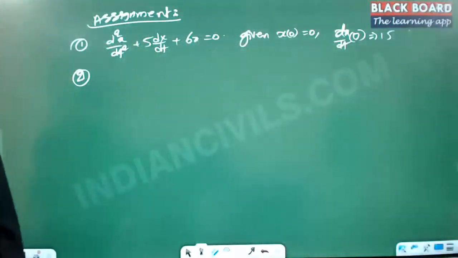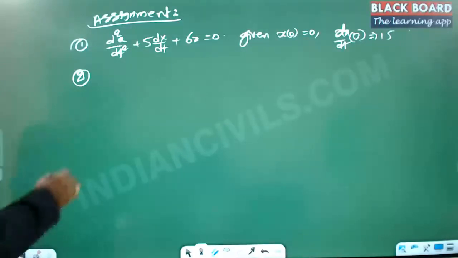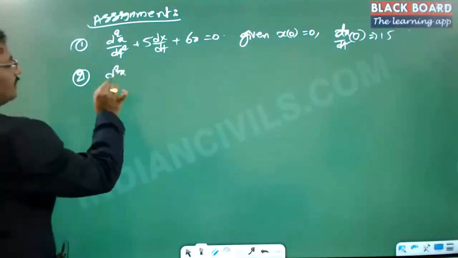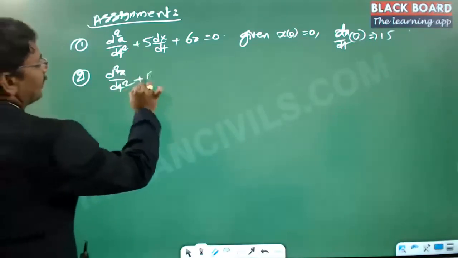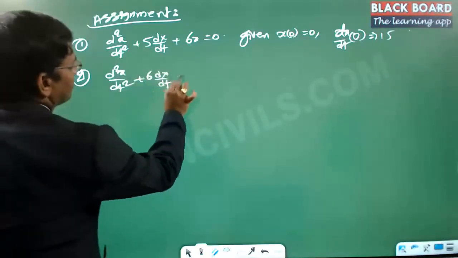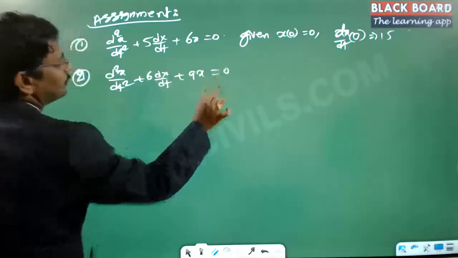So this you need to solve. And the second one is d square x by dt square plus 6 dx by dt plus 9x equal to 0.